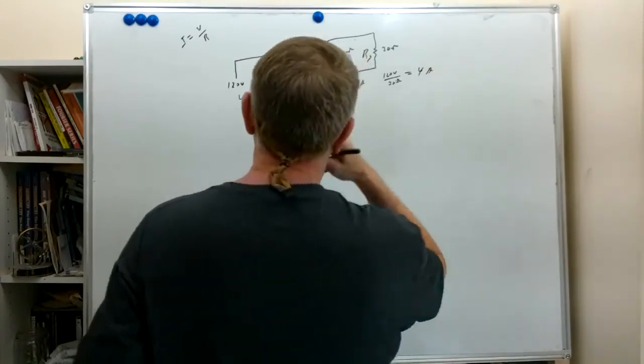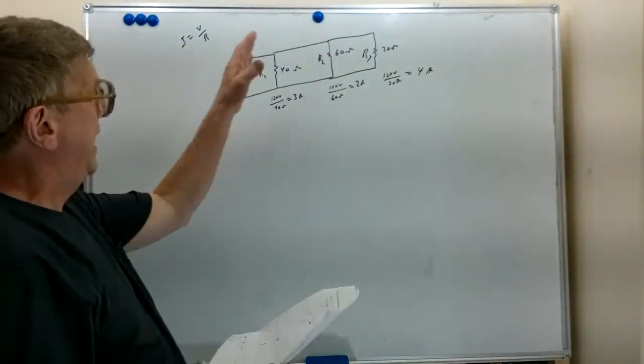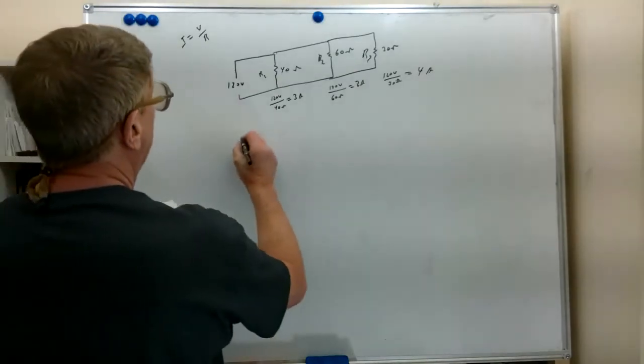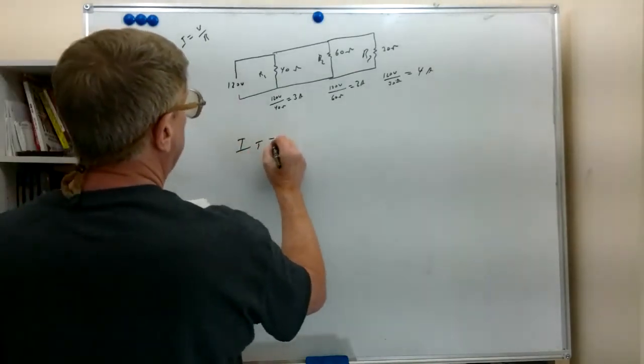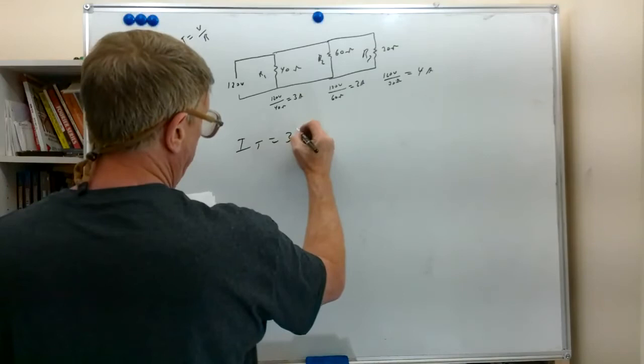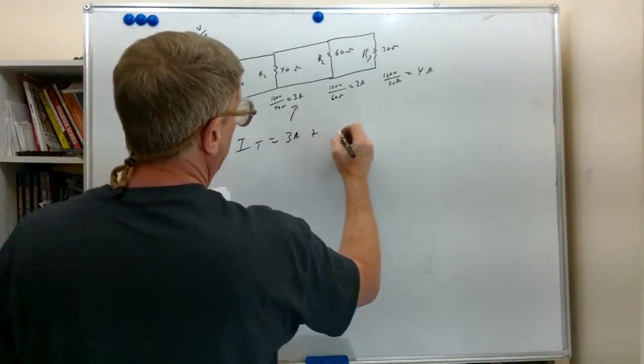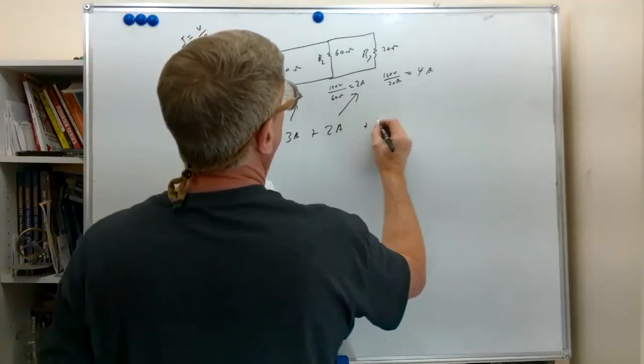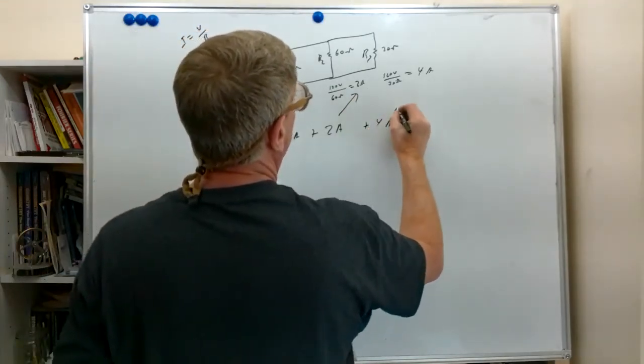So if we want to know the total amperage coming from that power source, we can do this. We can say I total equals 3 amps, which we got from there, plus 2 amps, which we got from right there, plus 4 amps, which we got from right there.